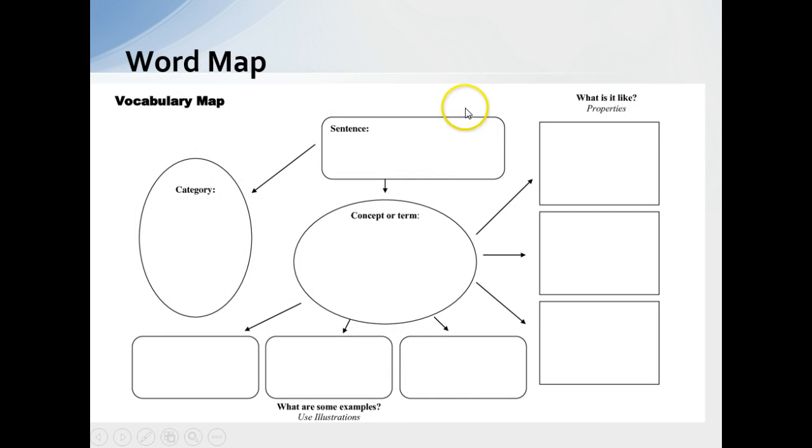So here's an example of a word map. So let's say, for example, our concept is the revolution. What is it? The student could put a momentous change, a political overthrow brought about from within a government system. What is it like? Well, force is often used and different groups gain power.